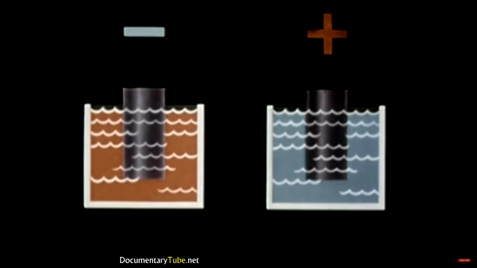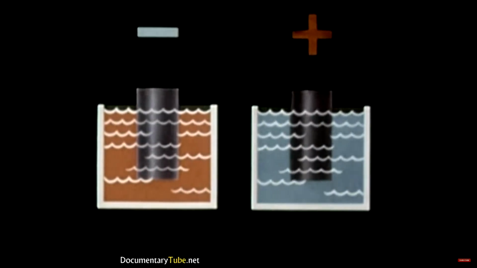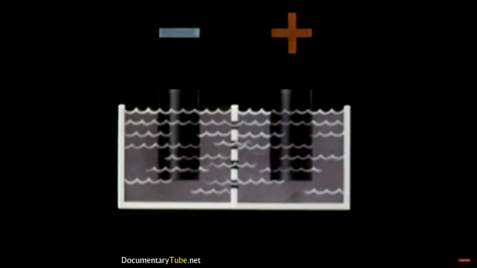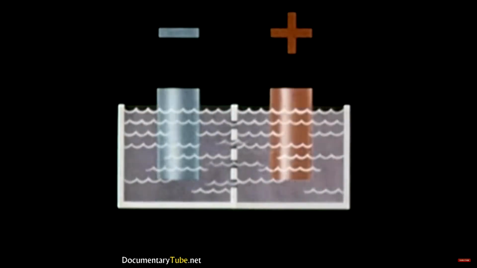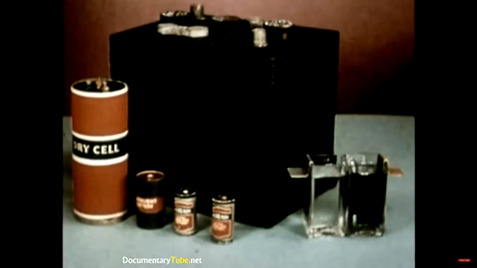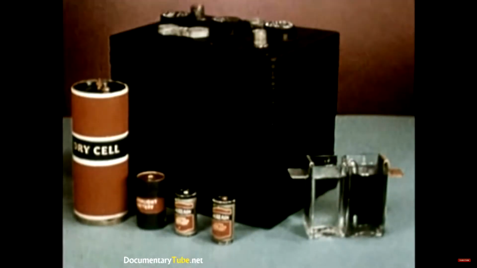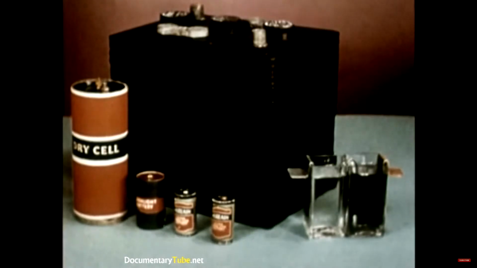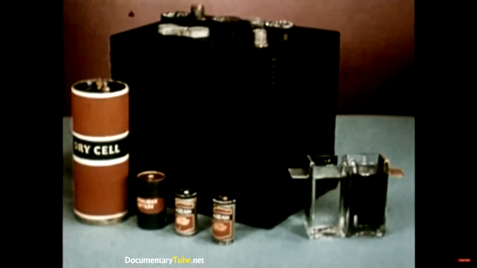However, if we now connect the solutions, the charges in the solutions will become equalized, and the metals or terminals will be charged. We will then have an unbalanced condition of the electrons in the metals capable of producing a continuous flow of useful electric current.